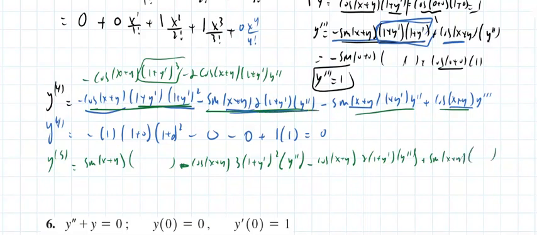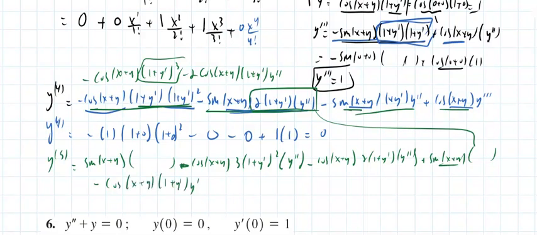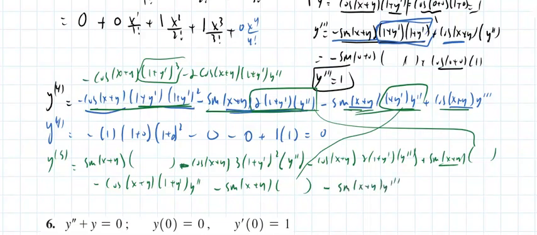Now the derivative of this is a big mess, but I'm multiplying that by 0, so it doesn't matter. And this piece, I'm going to get negative the cosine of x plus y times 1 plus y prime times y double prime, minus the sine of x plus y. And again, the derivative of this is multiplied by 0, so it's not going to matter either. And the last, negative sine of x plus y times y triple prime, that's a 0, plus the cosine of x plus y times y to the fourth derivative.